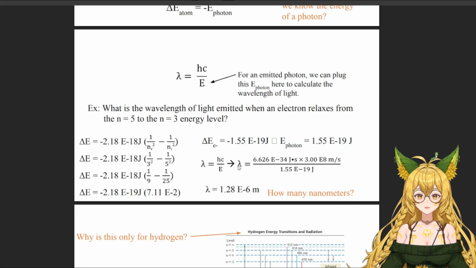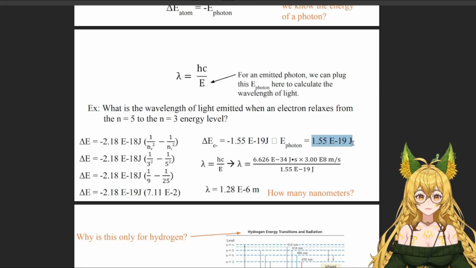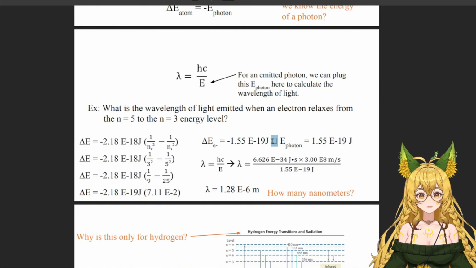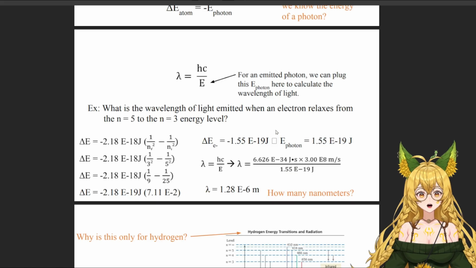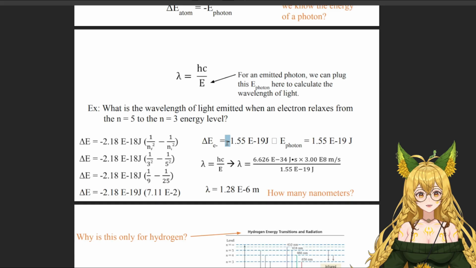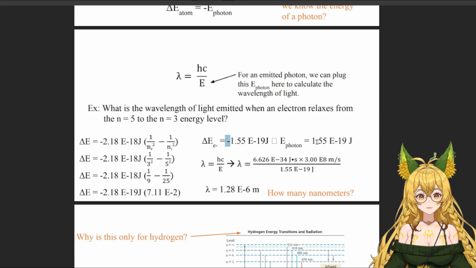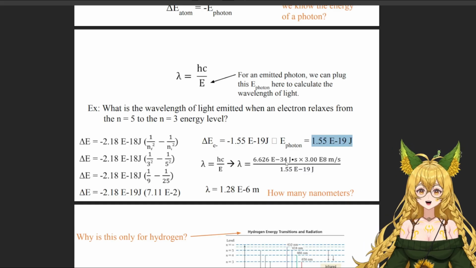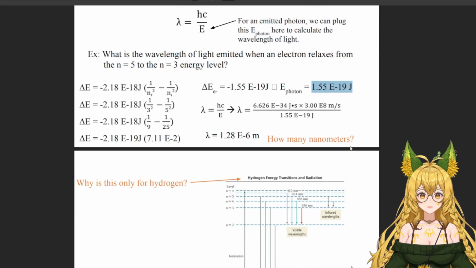And finally, we get to the subtracted amount here, which is the 1.55 E to the negative 19. Oh, right, this is also supposed to be negative, this little square right here. So it's just saying that it got rid of the negative sign and made it positive, so we don't end up with a negative wavelength, because you can never have a negative wavelength. It's always going to be positive.